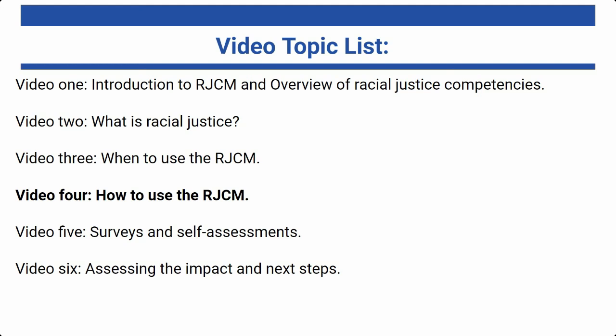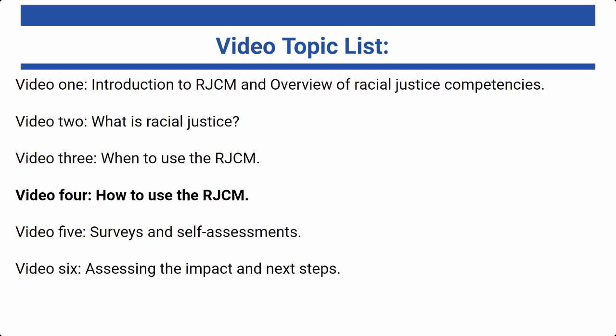So here is our video topic list. Today is video 4, so we're going to be discussing how to use the RJCM and the recommendations on how to use it. In the past videos, 1, 2, and 3, we introduced the RJCM and did an overview of the racial justice competencies.